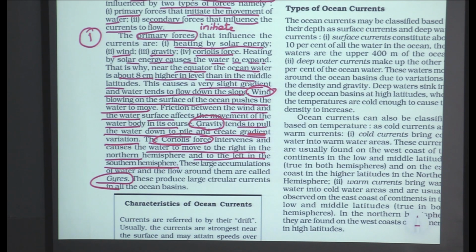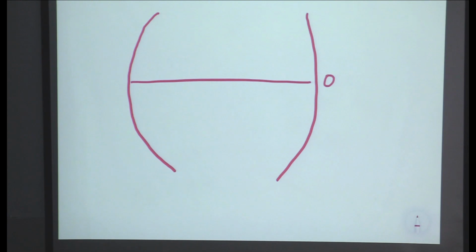Now you have to understand this gyre circulation with reference to certain important diagrammatic representations. Let me make you understand it like this. I believe it to be one hypothetical ocean basin. What I notice is that due to the spin of the earth, there is the development of north and south equatorial currents.